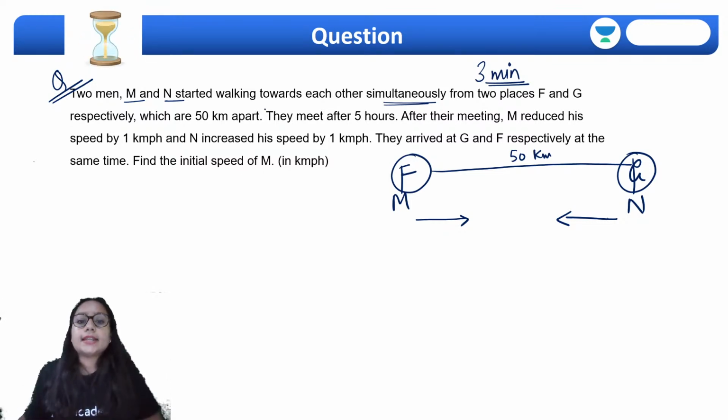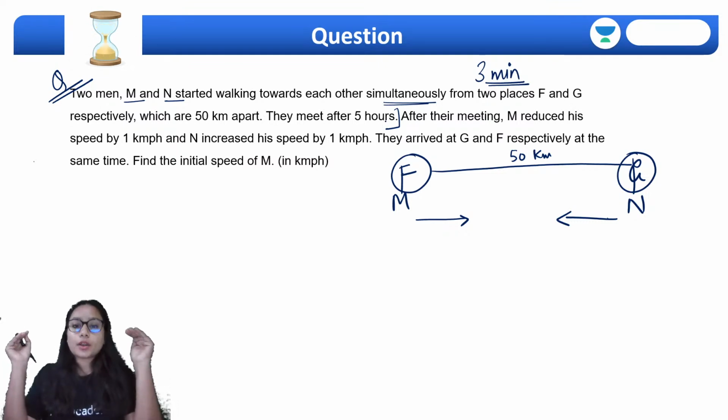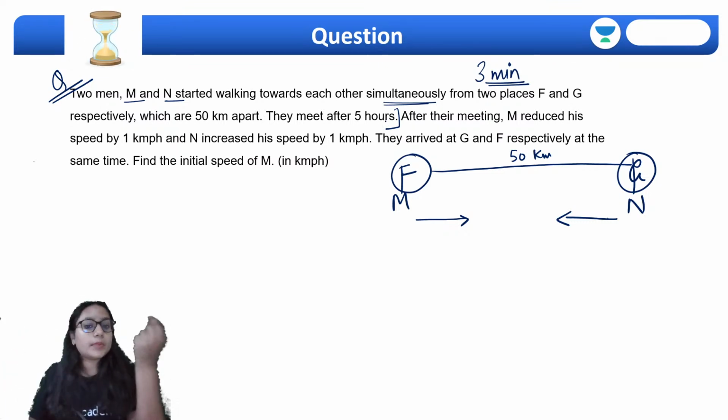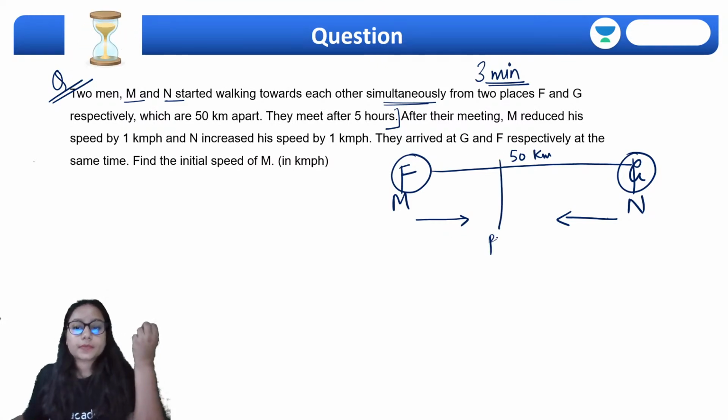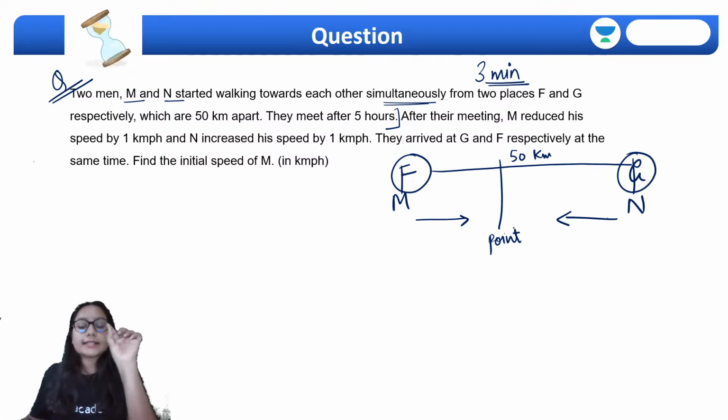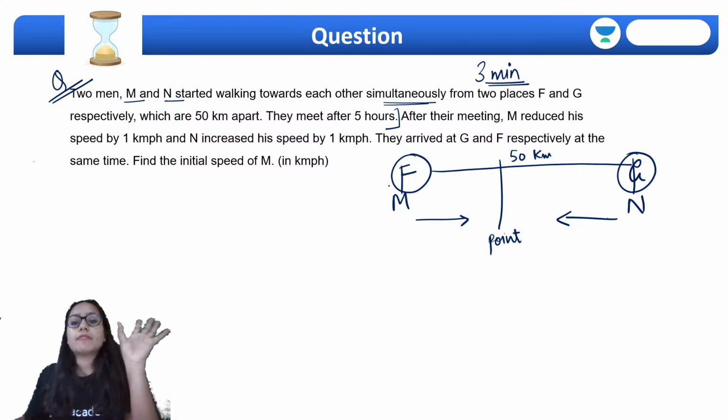Next sentence, they meet after 5 hours. If M and N are walking towards each other, they will meet at a certain point in between. Not in the exact middle, but somewhere between F and G. Let us take this as the point of meeting.